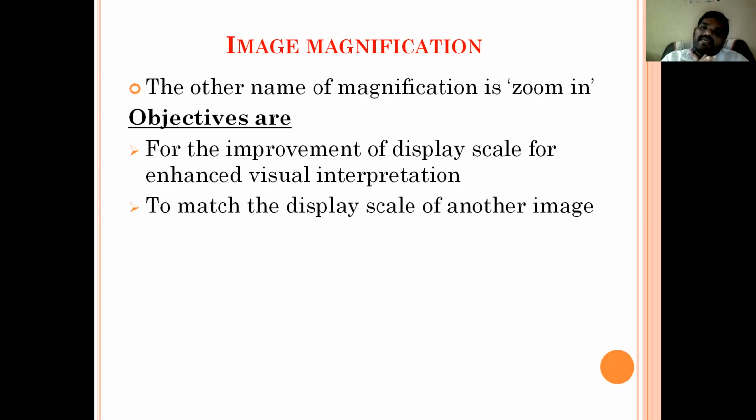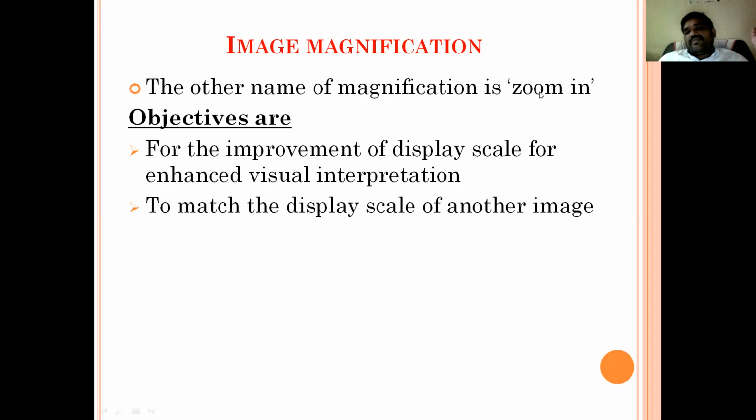That's what you wrote out there, that's what we are visualizing here on Windows. It is for the improvement of display scale for enhanced visual interpretation, to match the display scale of another image or of the same image. If it is not clear, based on the other image, you are increasing the resolution in such a way that you can interpret the characteristics.